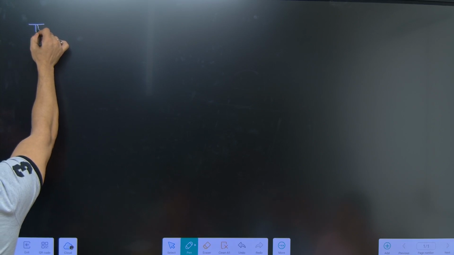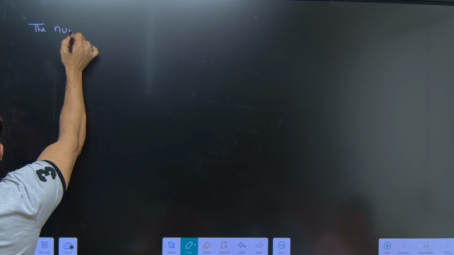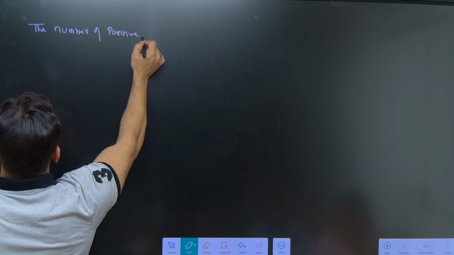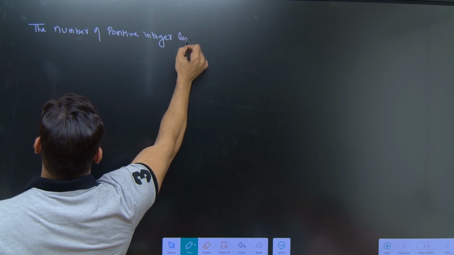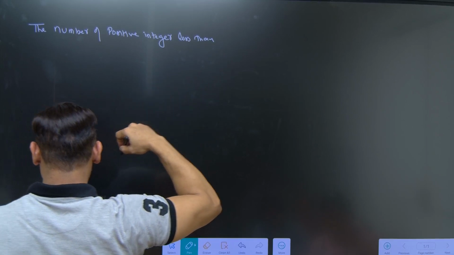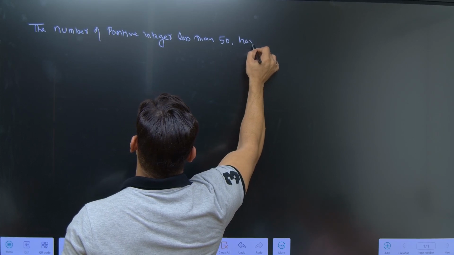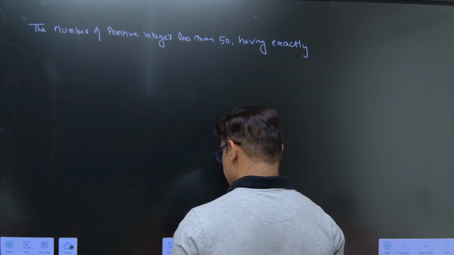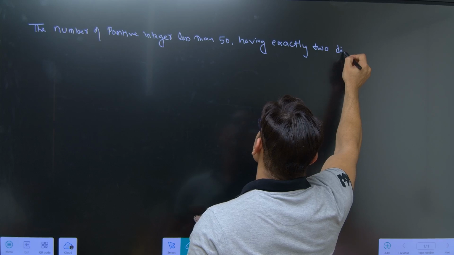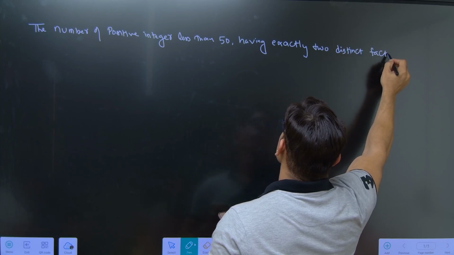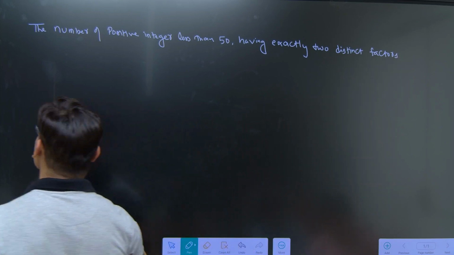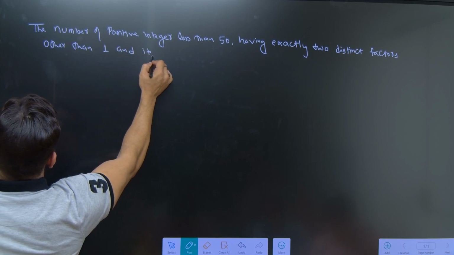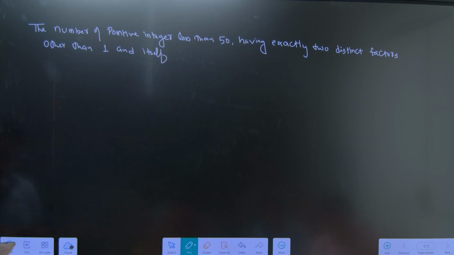So the question is: the number of positive integers less than 50 having exactly two distinct factors other than 1 and itself.